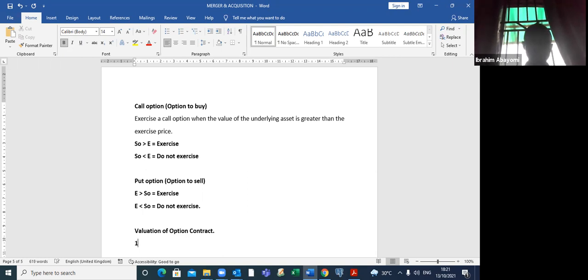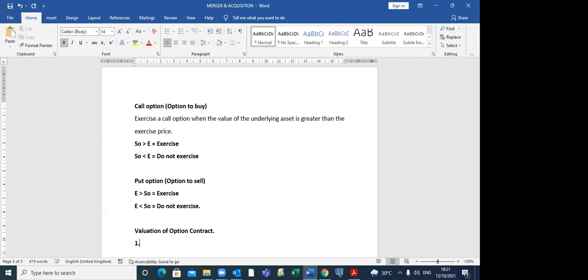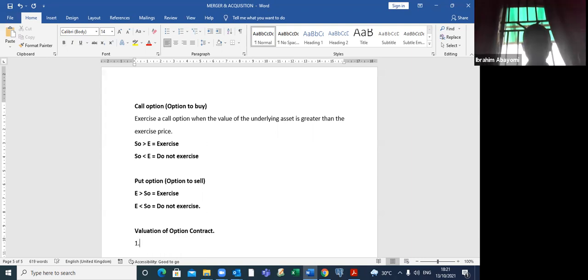We can value options in two ways. One, we can value options using the binomial option pricing model. I am not going to touch this. Not to be treated.